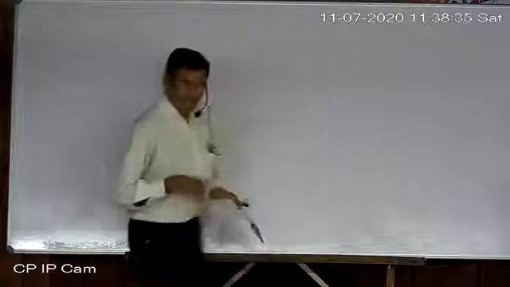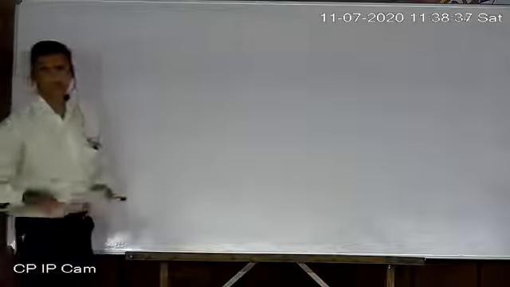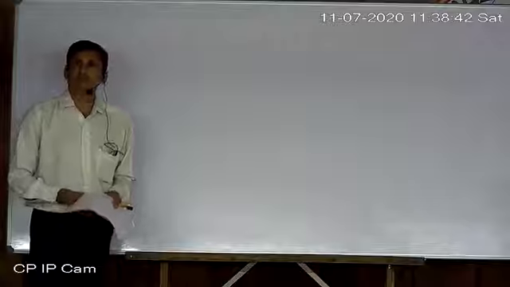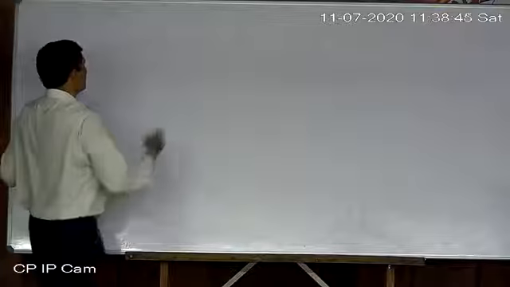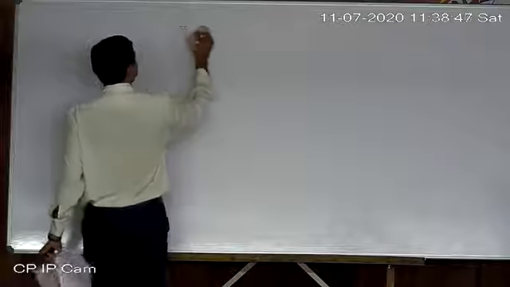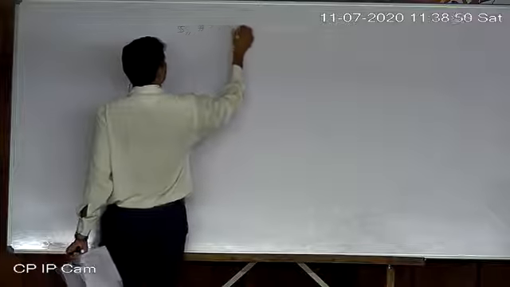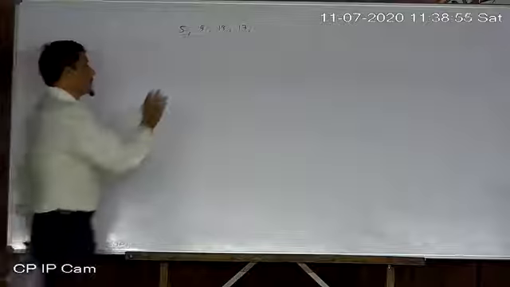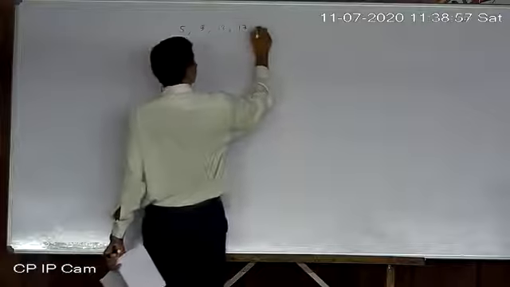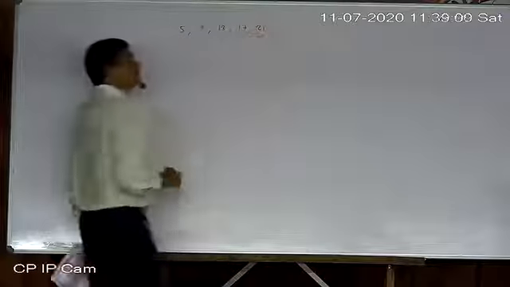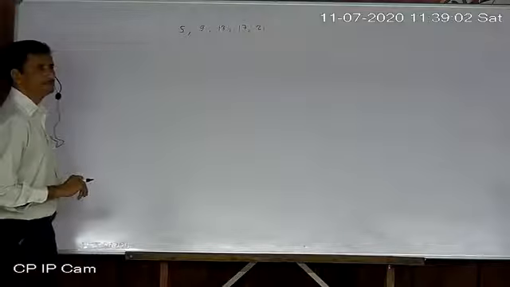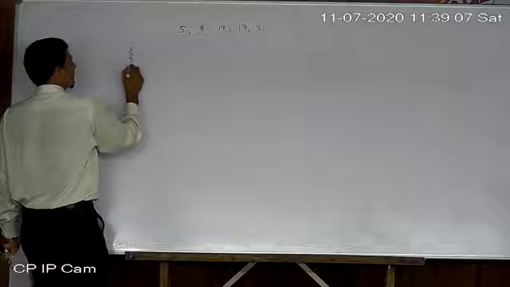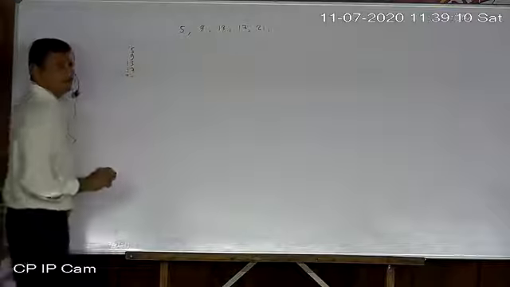Now, we first of all understand manually what to do if we want to make the sum of the particular terms. Suppose you are given 5, 9, 13, 17, like this. Suppose I want to add the first 5 terms. Then obviously it will be 5, 9, 13, 17, 21.